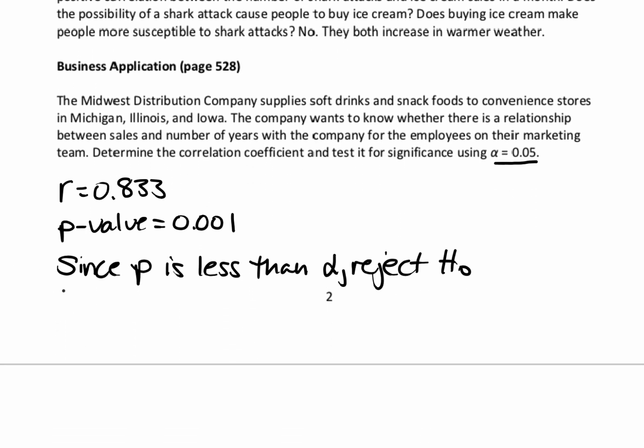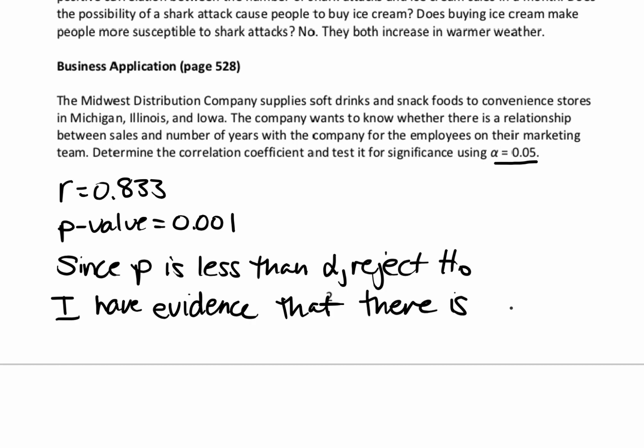So I have evidence that there is correlation, or there is a relationship between sales and the number of years that someone has been with the company.